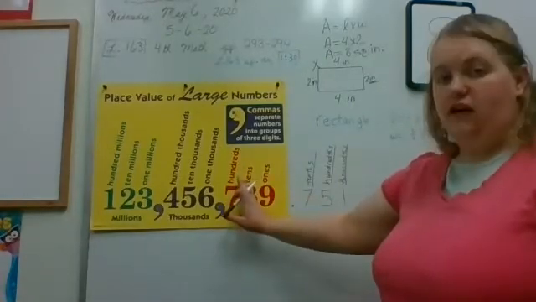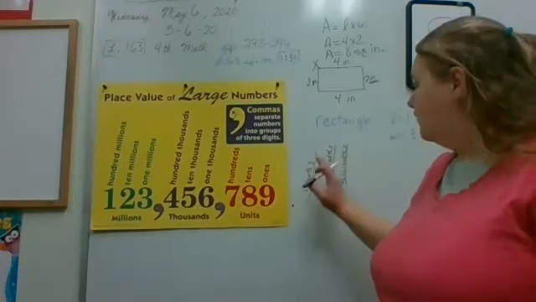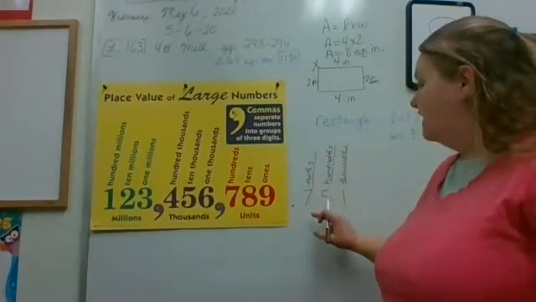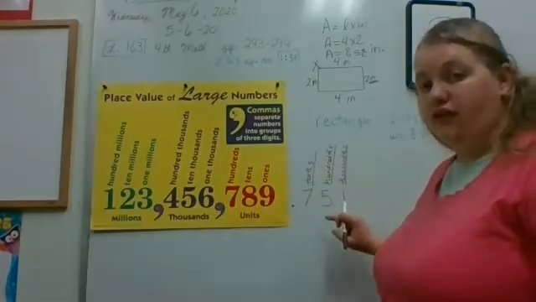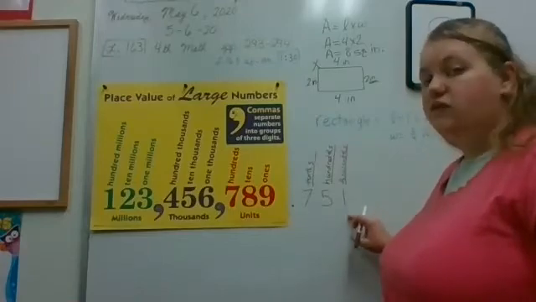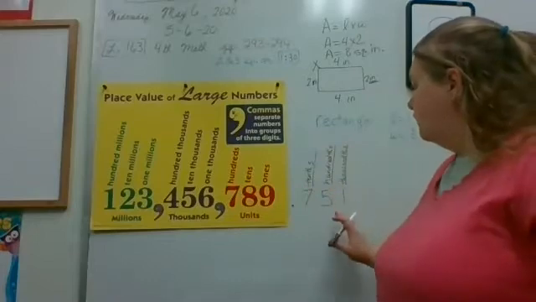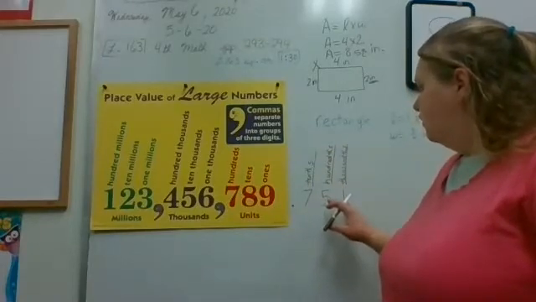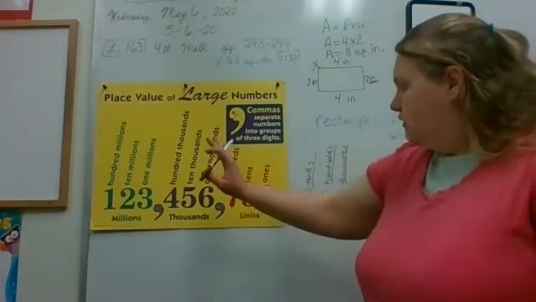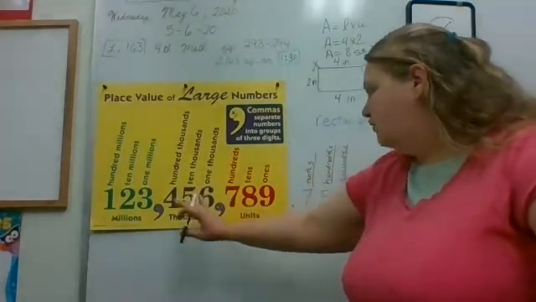Then we go to tens here, but if we go backwards, we go to tenths. We add the TH to 10 and make it tenth, and we add a TH to 100 and make it hundredth, and add the TH to 1,000 and make it thousandth. And so the same pattern: 10, 100, 1,000.